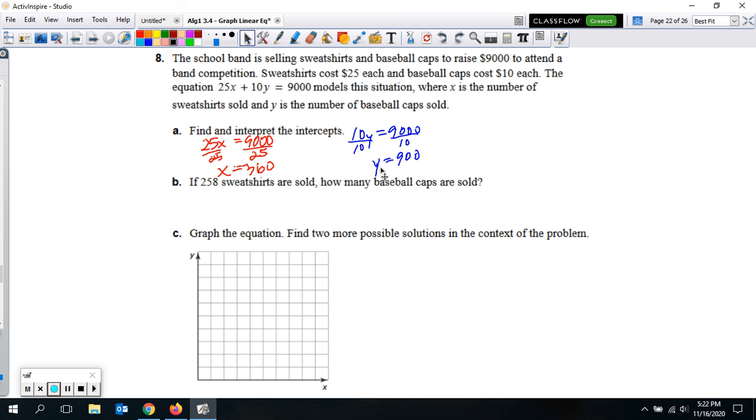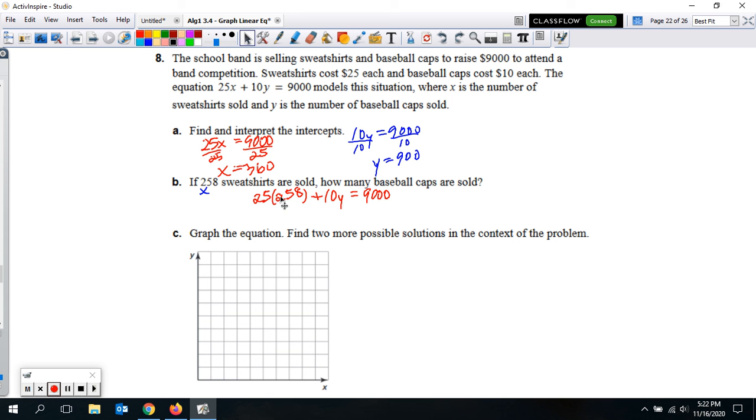So when it says interpret, that's what you're interpreting. Now it says, if 258 sweatshirts are sold, how many baseball caps are sold to be able to equal the $9,000? That means this is our x, where sweatshirts represent the x. So we plug in 258 for x. 25 times 258, and then we write the rest of the equation, plus 10y equal to 9,000.